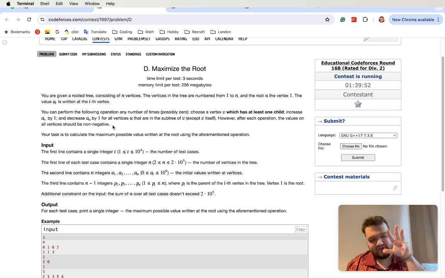And so for this subtree, the only thing that matters is we cannot make any numbers here negative.